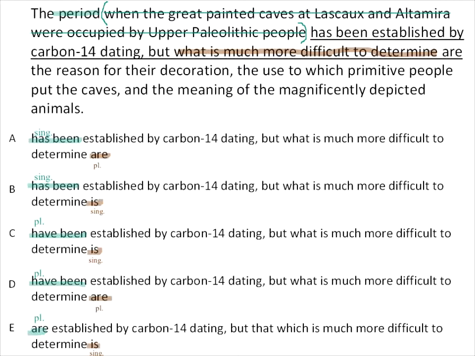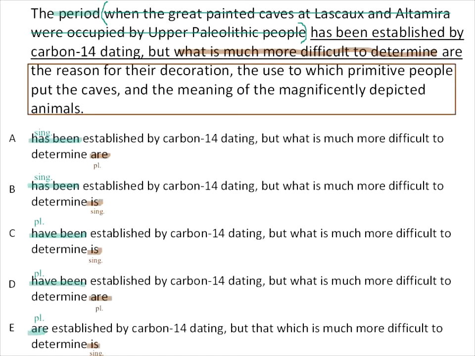A couple of notes here, by the way. The first note is that you cannot separate out the reason for their decoration from those other things. If you have a list, this is a list. Bear with me, I'm going to make this outline work here.